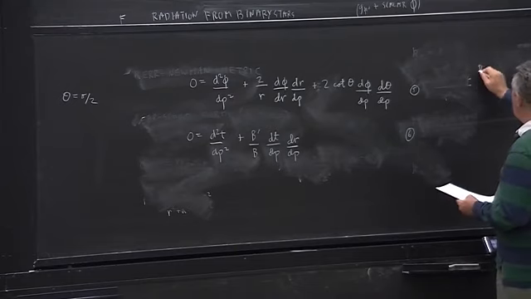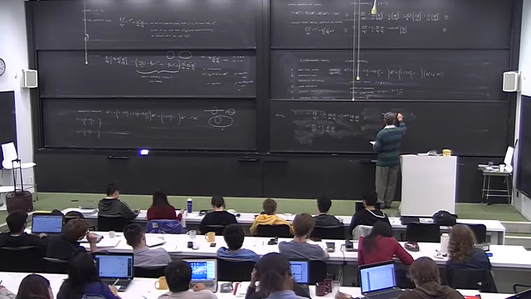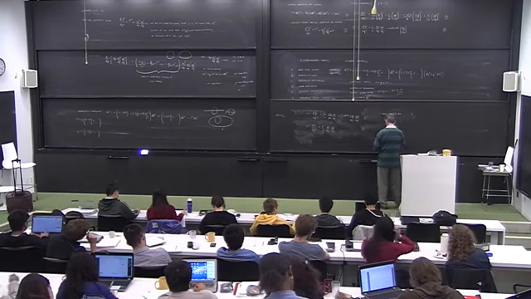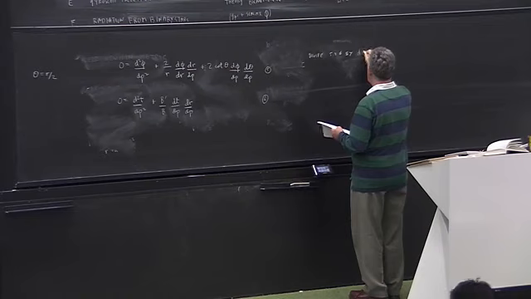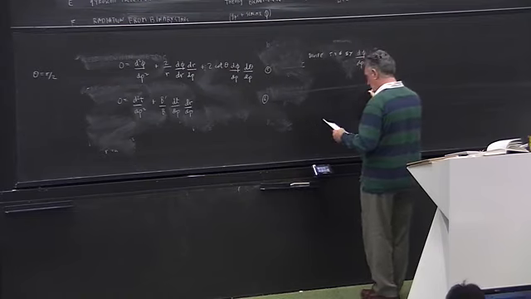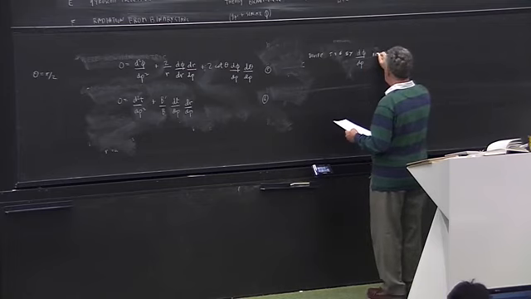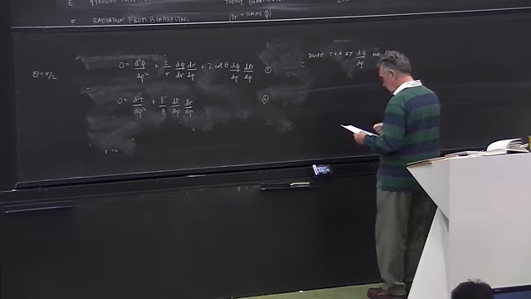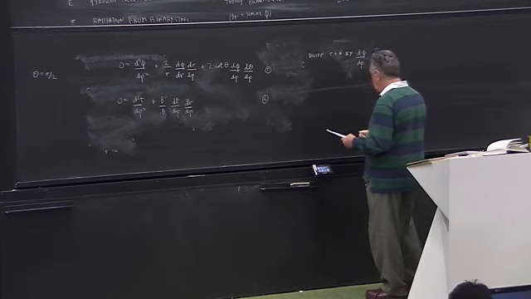So we divide 5 and 6 by d phi dp and dt dp respectively.